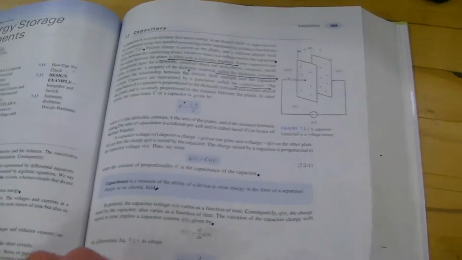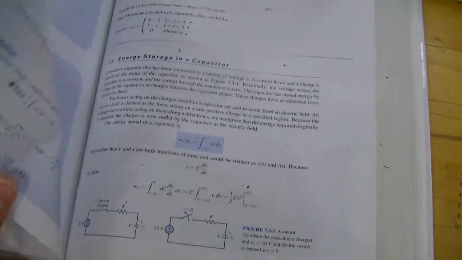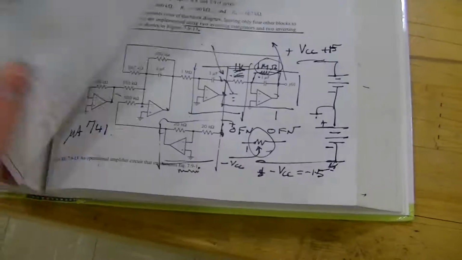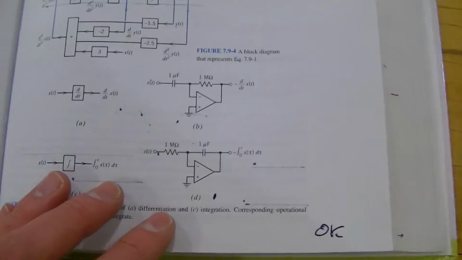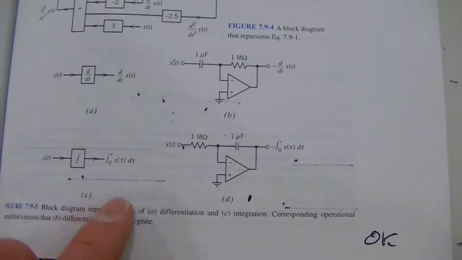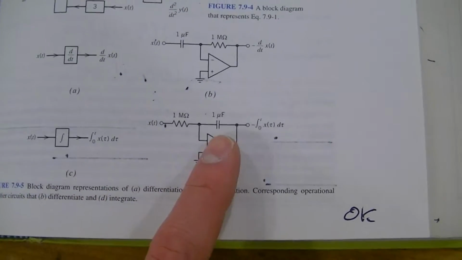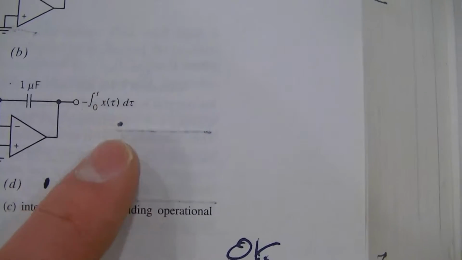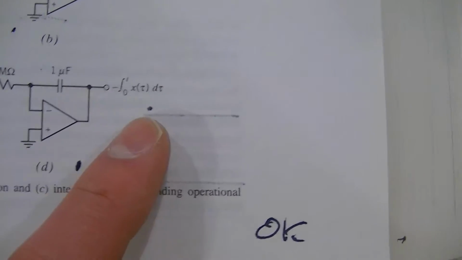Here we get to the 7th chapter, which covers operational amplifiers. This is page 293. With this circuit, a 1 megohm resistor across a 1 microfarad capacitor, the output is the negative time integral of x(t).